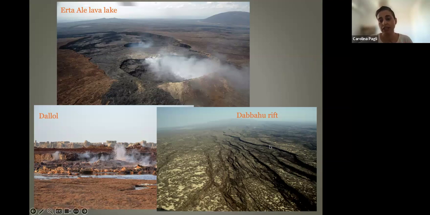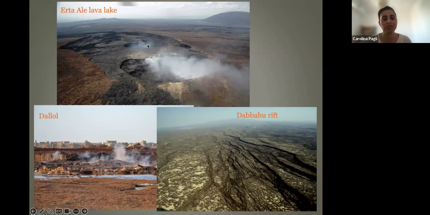And here you see a photo of the Dabbahu Rift on the rift axis, where you can really see that the extension is ripping apart the crust, leading to the formation of normal faults, but also an intricate set of fractures. And together with the brittle deformation, we also have upwelling of magma from the asthenosphere and formation at different levels in the crust of magma chambers.